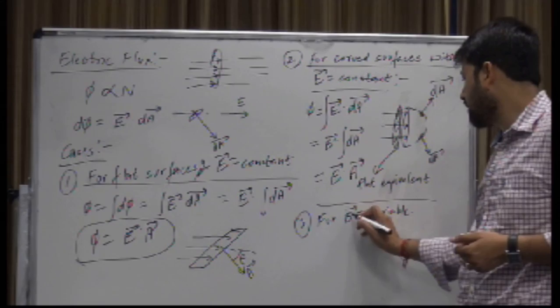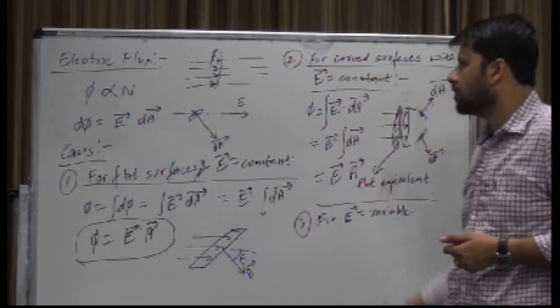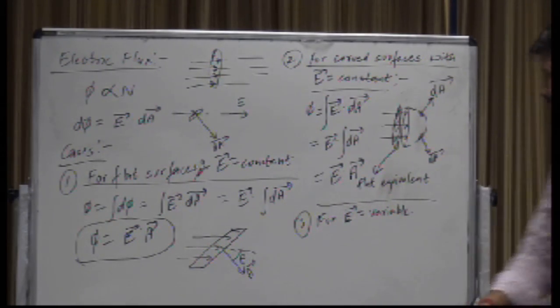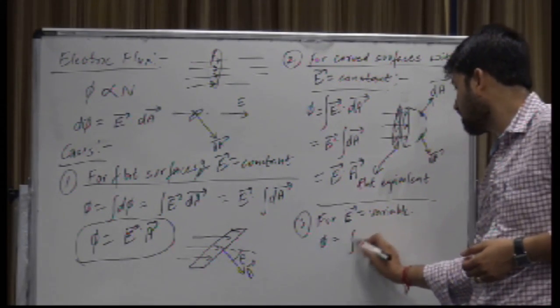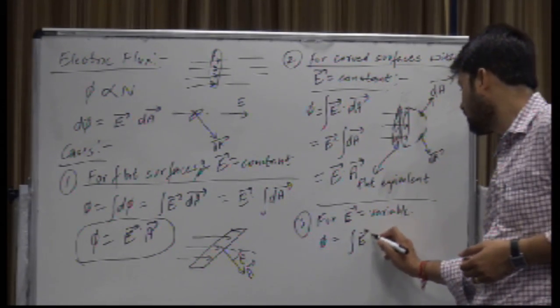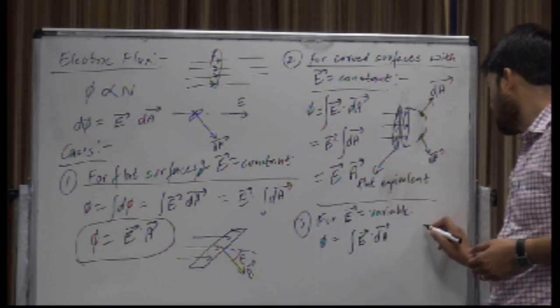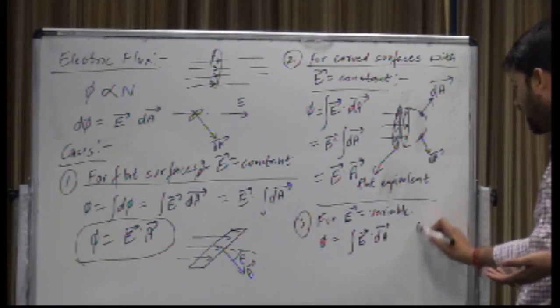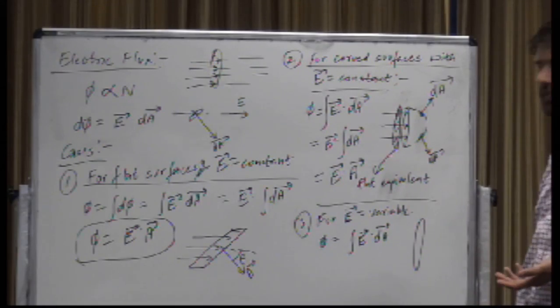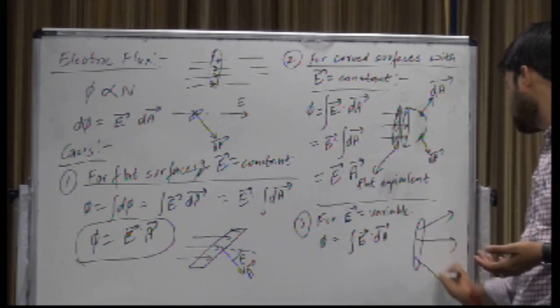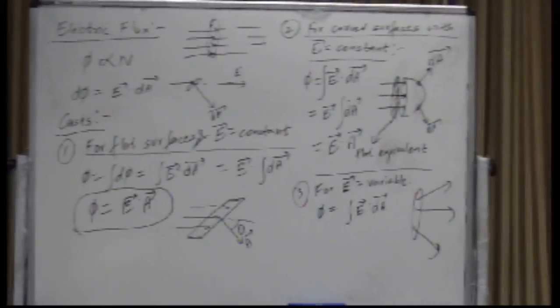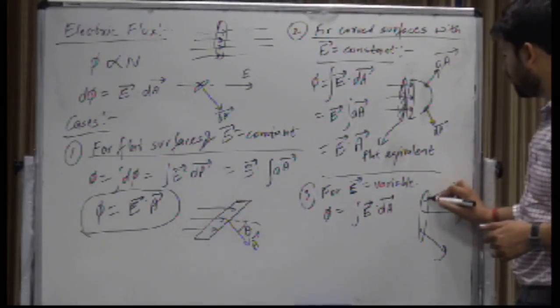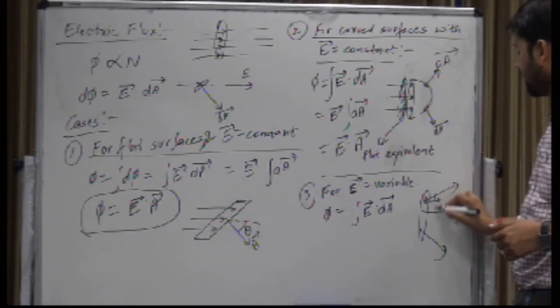So the third would be for E equal to variable, E not constant. When E is not constant, you can check that flux is E dot dA. Now whether the surface is flat or curved, if field is not constant, different field lines would make different angles with the area vector.